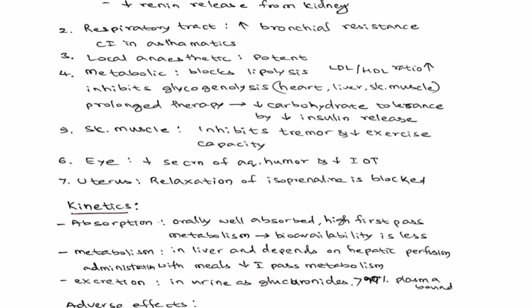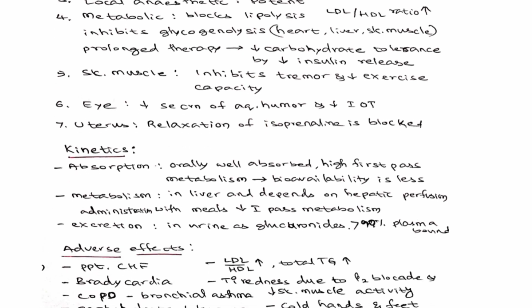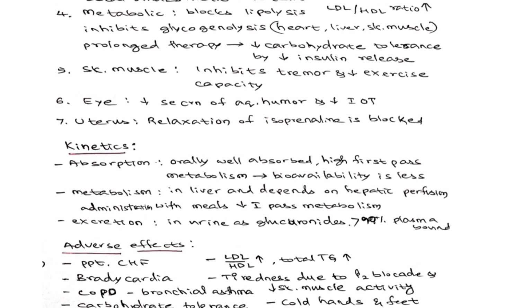On the uterus, relaxation induced by isoprenaline is blocked. Coming to pharmacokinetics, beta blockers are absorbed well orally, but the bioavailability is less.